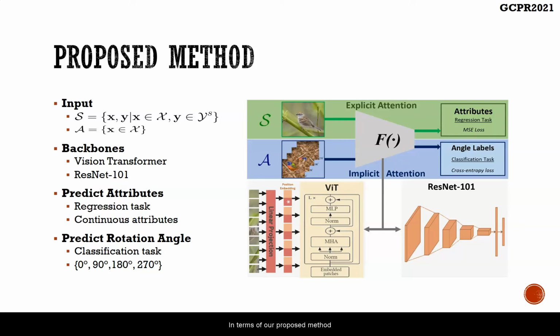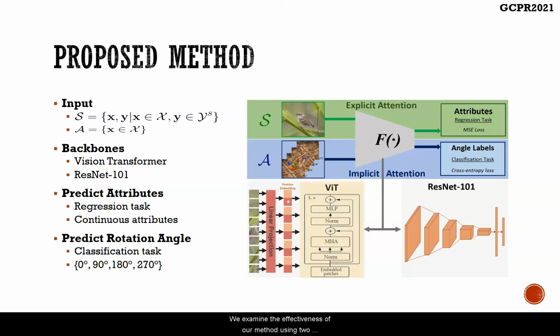In terms of our proposed method, as we can see in this figure, we have two sets of images. The first is denoted as S, which includes the seen classes images and semantic information. The second is denoted as A, which contains the rotated images.